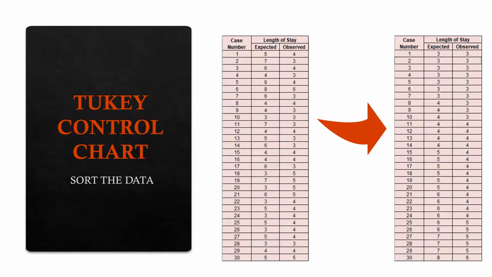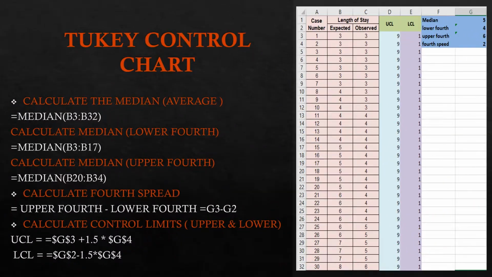Next, we have to use Tukey chart to analyze and plot the data. First, we need to sort the data. This slide illustrates the steps to create Tukey control chart. First, calculate the average using the median function, then calculate the upper and lower fourth.